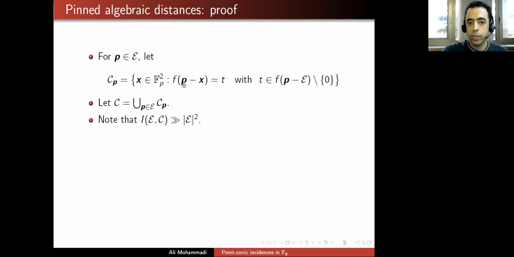Now, for each point, there should be at least E incidences, because these circles have radii coming from your distance set, so they are meeting points of your set at any given center. So as you let P run over your set, the number of incidences is actually E to the 2.